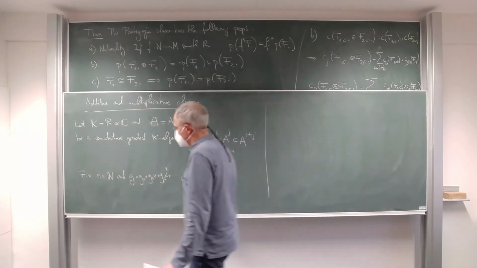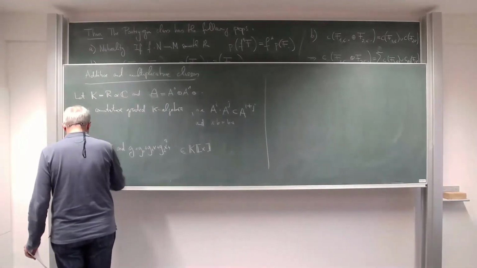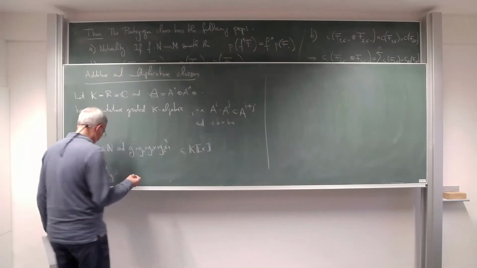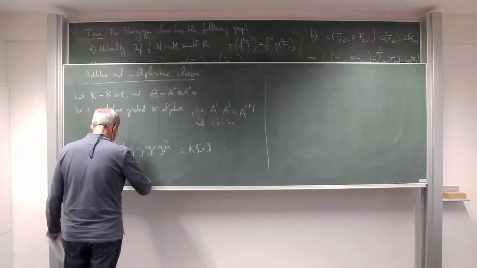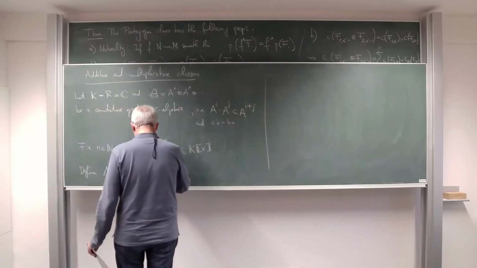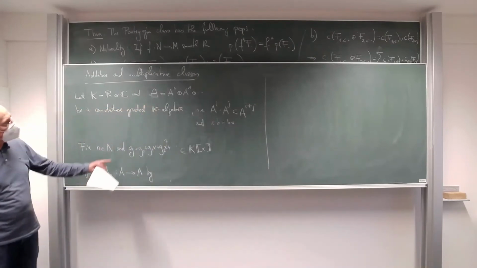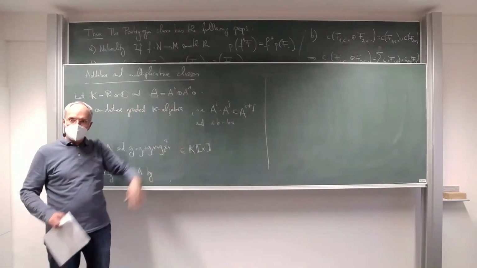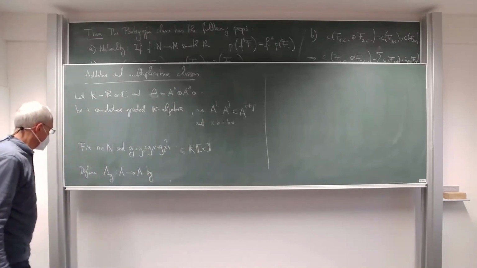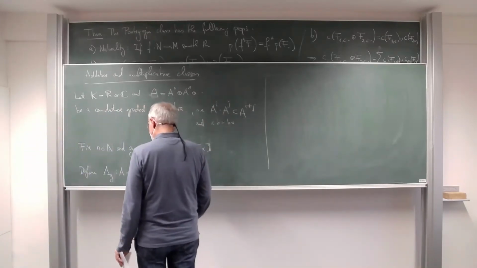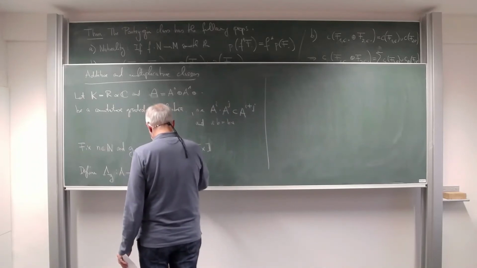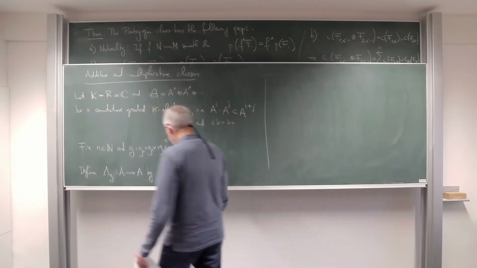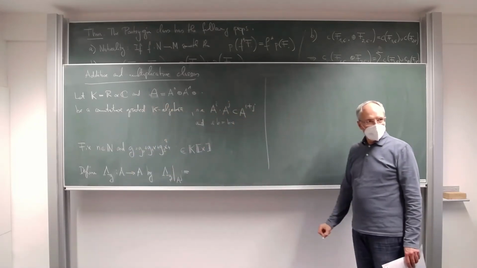Let me define lambda g, a linear map, not an algebra map, from A to A. It will preserve this grading. So Aj will always again be mapped into Aj. The degrees are preserved. And what does it do? Well, if I restrict to Aj, then it's a multiple of the identity simply.